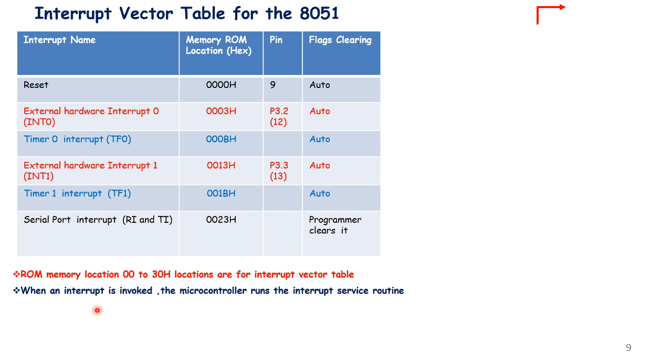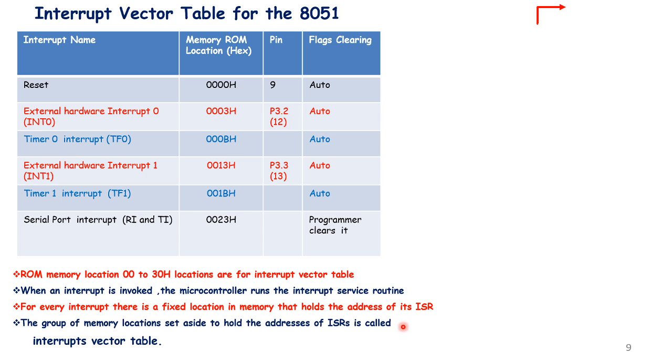When an interrupt is invoked, the microcontroller runs the interrupt service routine. For every interrupt, there is a fixed location in memory that holds the address of its interrupt service routine.